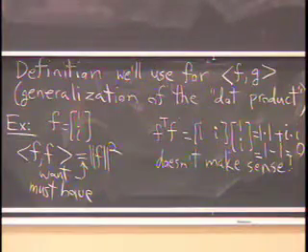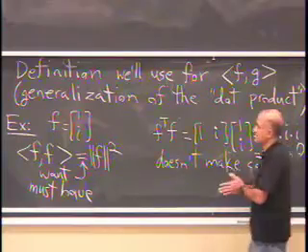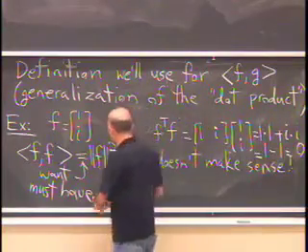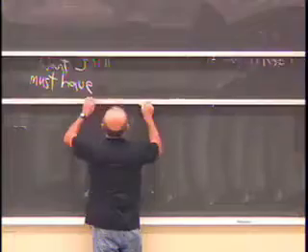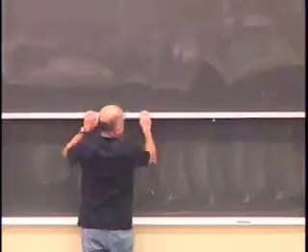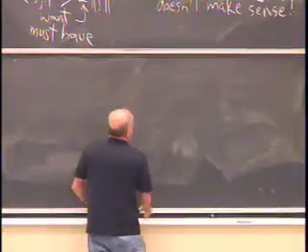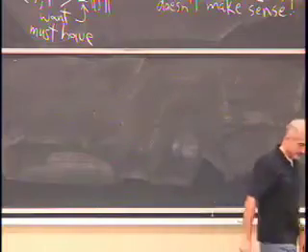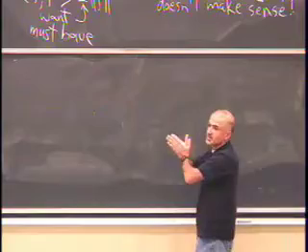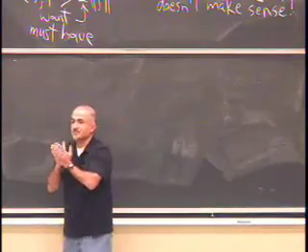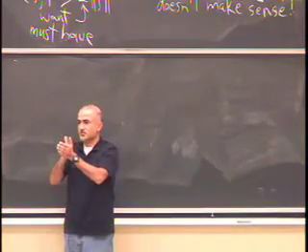So how do we fix it? Now, Meatball is taking Math 54 or has taken Math 54. What do we do with inner products for complex valued vectors? Are you taking 54 now?